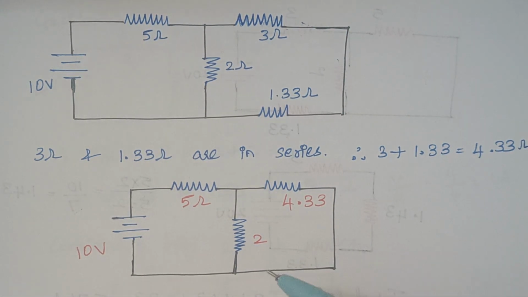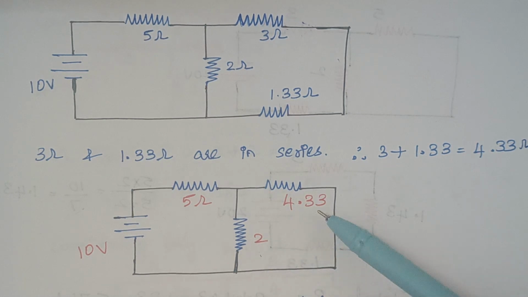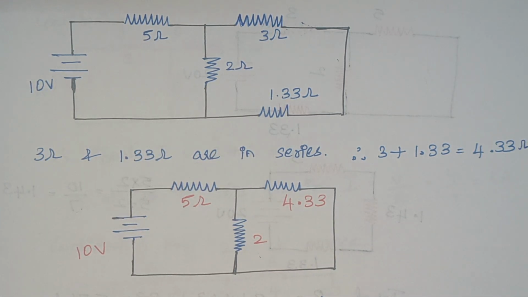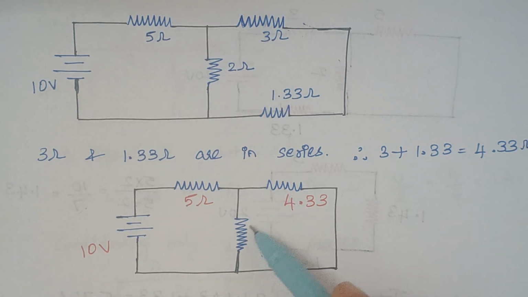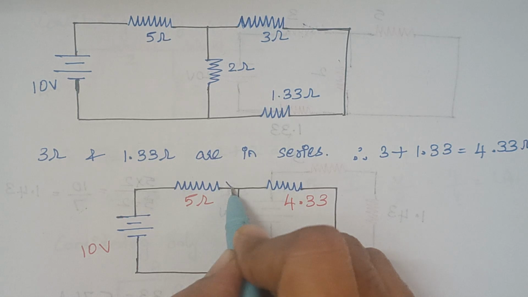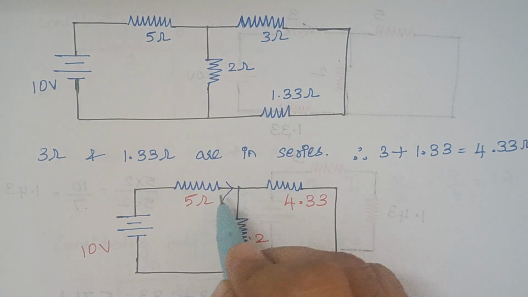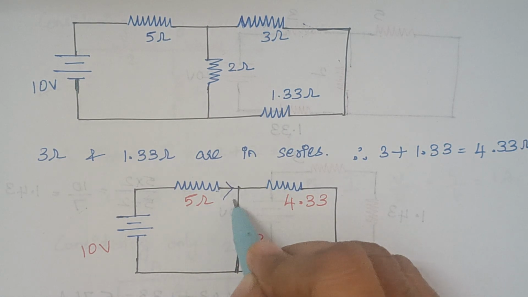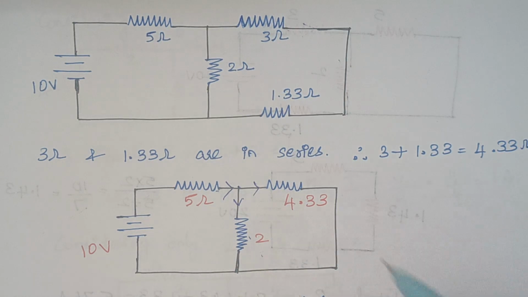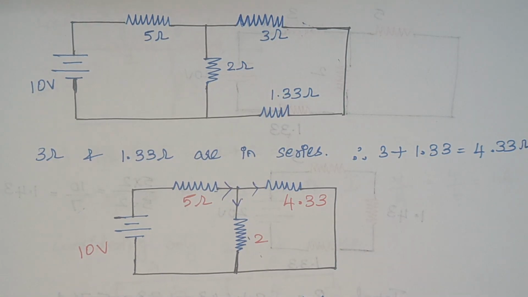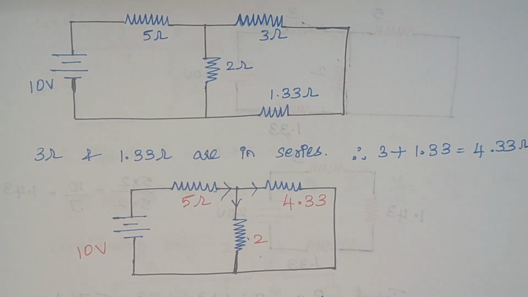Next, what about the connection of this 2 ohm and 4.33? Are they connected in series or in parallel? These two resistors are connected in parallel. Why? Because the current entering this node gets divided into two. Whenever the current gets divided, those two are said to be in parallel connection.